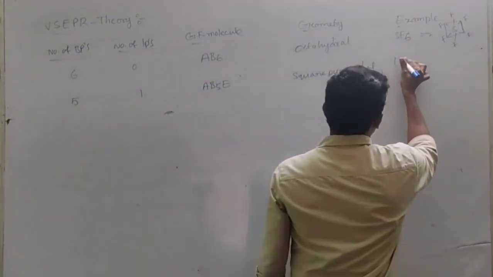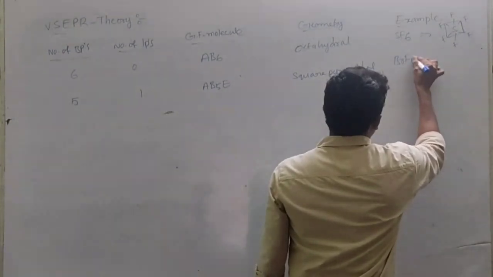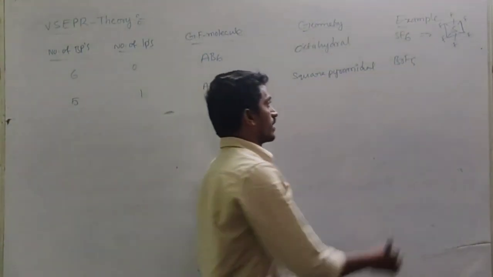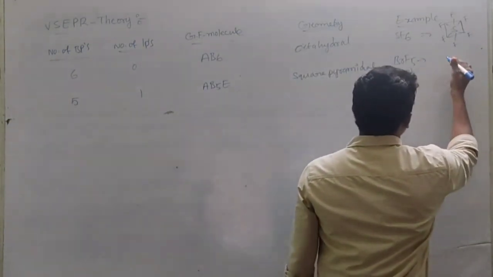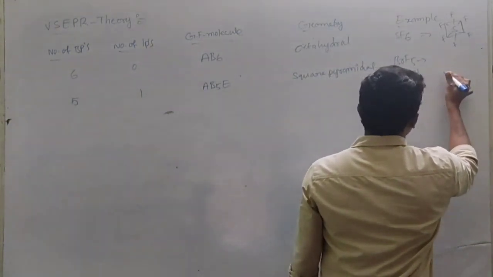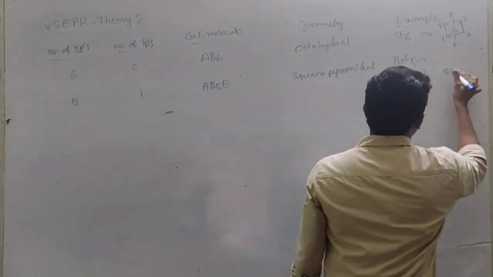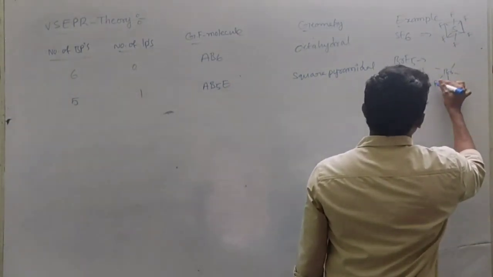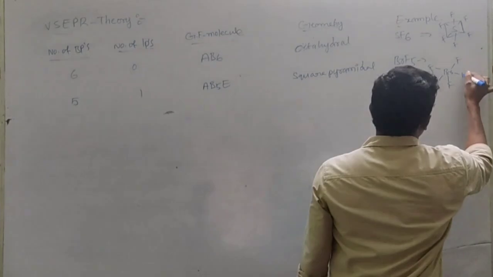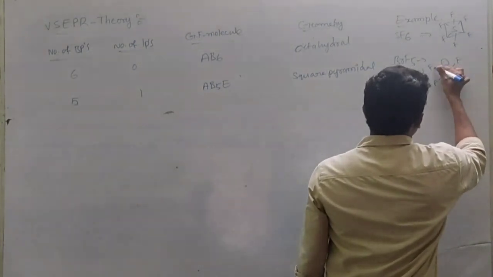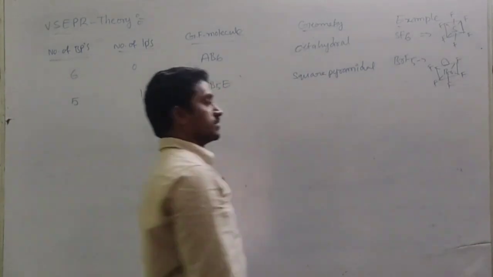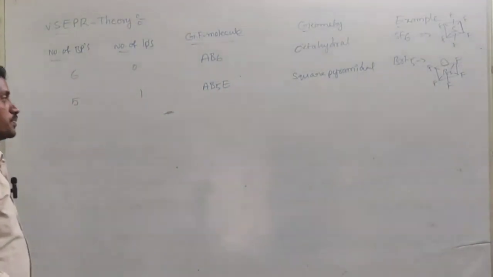Example for that BrF5, bromine pentafluoride. So here its structure, bromine is the central atom and fluorine is the surrounded atom. Here one lone pair will be present on the central atom. That is the structure of square pyramidal.